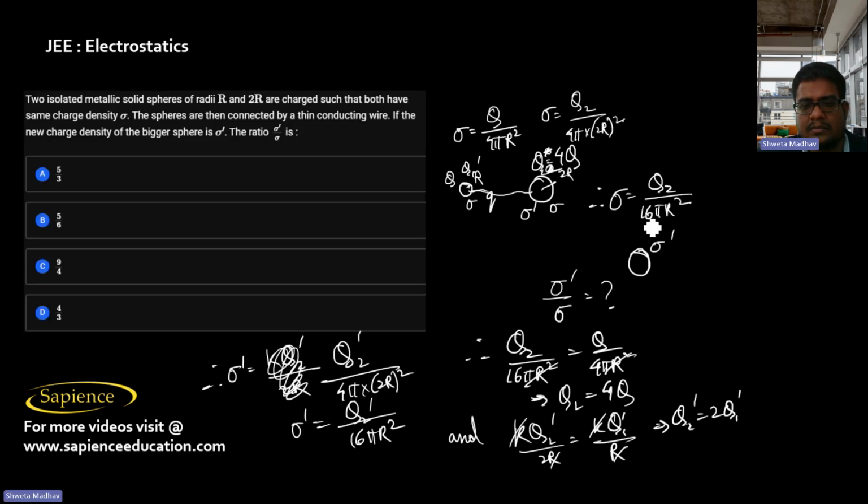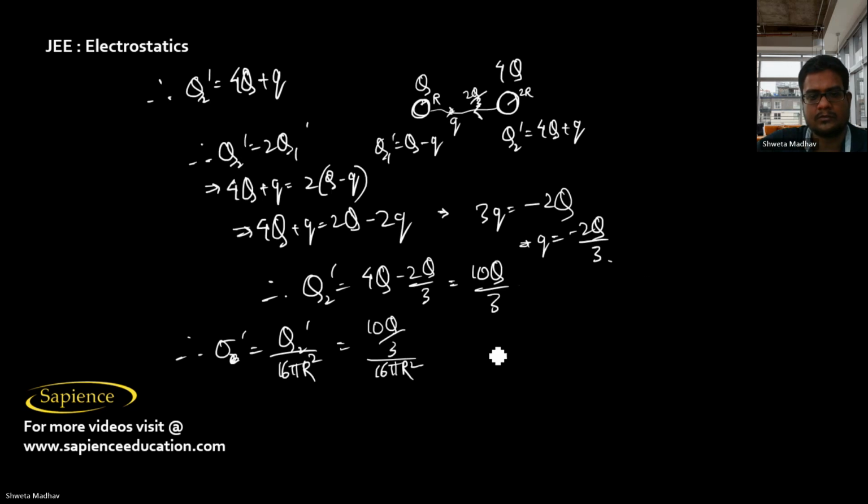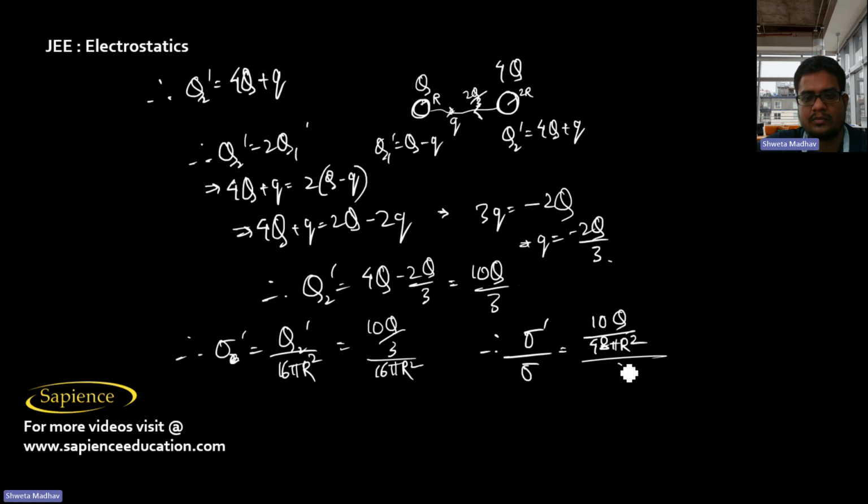And sigma equals q by 4 pi r square. So now sigma dash by sigma will be 10q by 3 into 16 pi r square, which is 10q by 48 pi r square, divided by q by 4 pi r square.